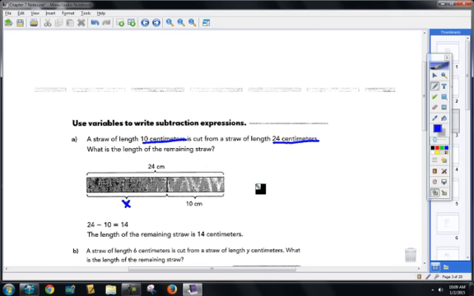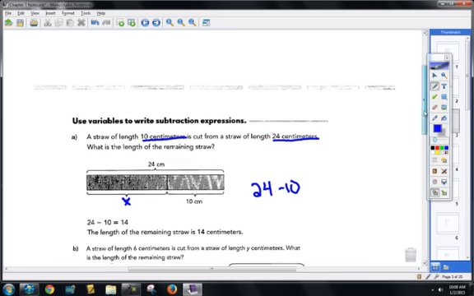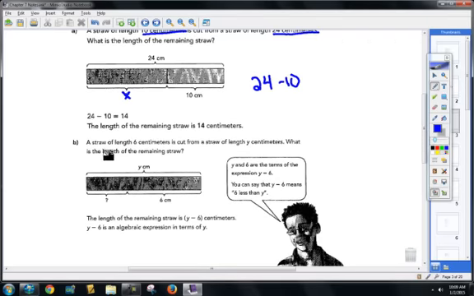So what you're actually doing is 24 minus 10. I apologize. So this is just basic stuff right now. You probably all are like, wow, this is really, really easy. It gets more challenging, but that's what it is.